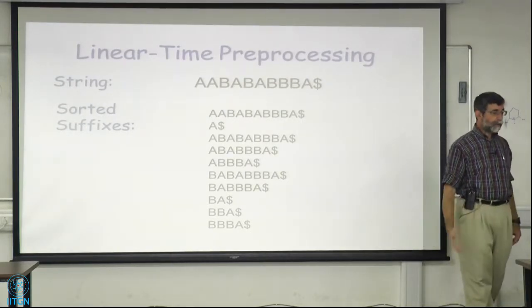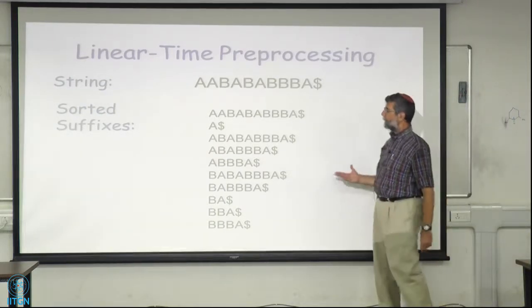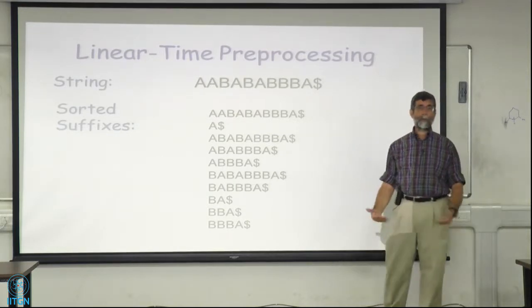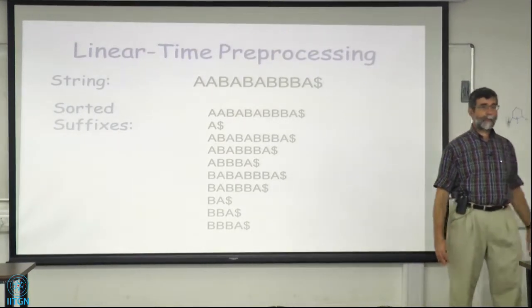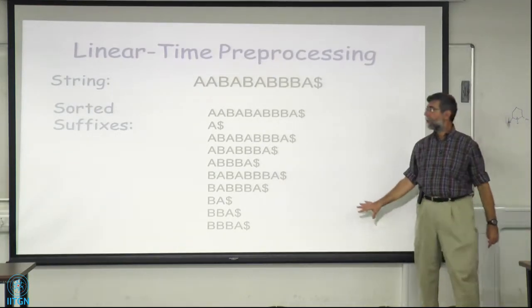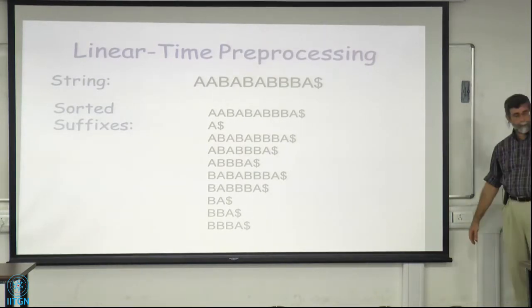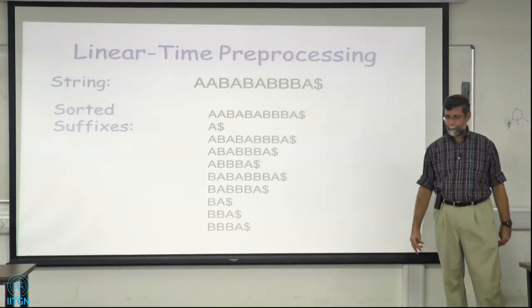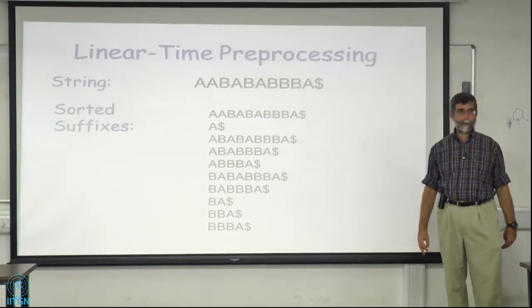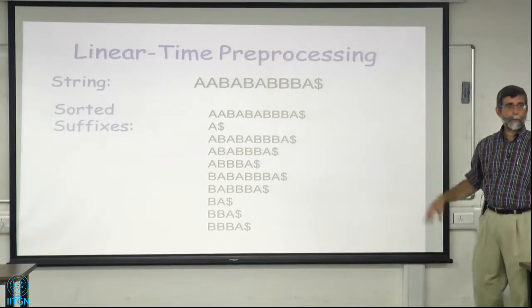Now, I haven't shown you how to do it, but this is also what is called the suffix array sometimes. So it can be done. And there are algorithms that know how to do this in linear time. I think Kärkkäinen and Sanders from 2003 or so know how to do this in linear time.